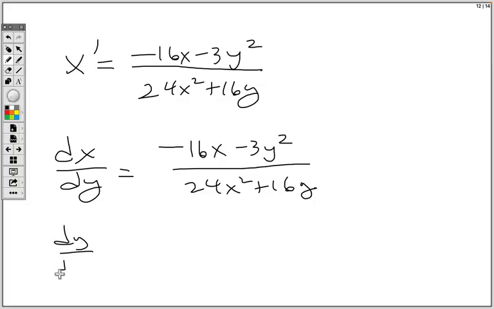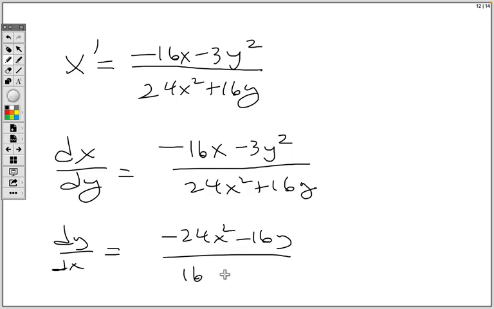Now for dy/dx, I got minus 24x squared minus 16y divided by 16x plus 3y squared. Now let's do a little bit of arithmetic here.